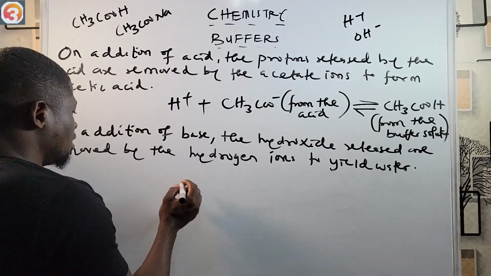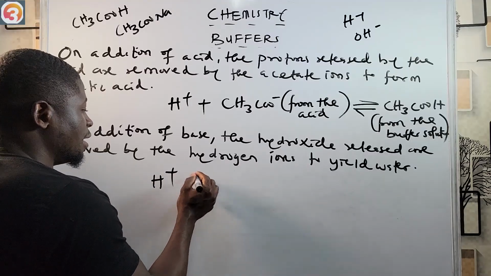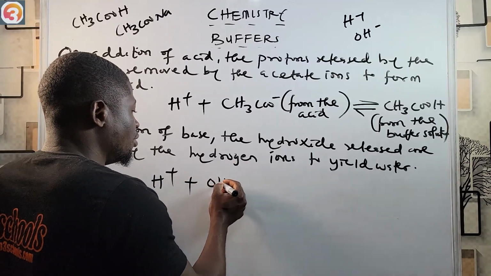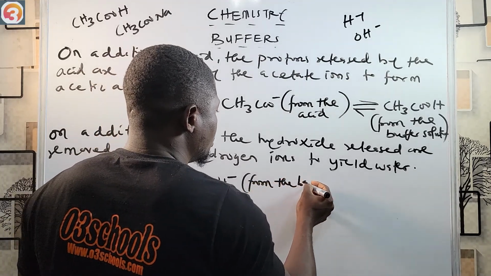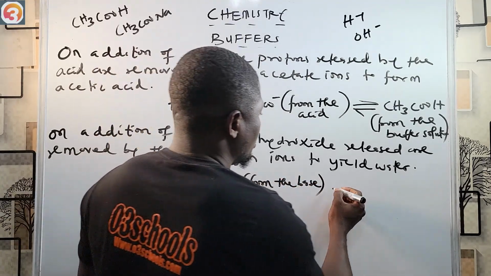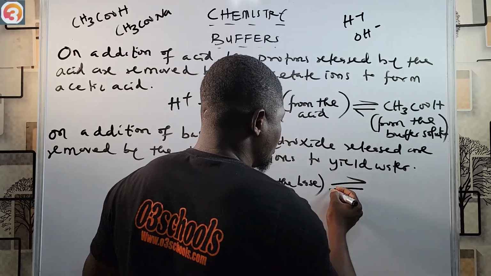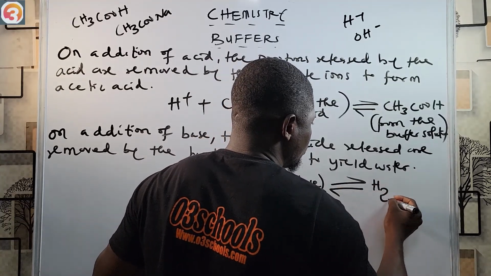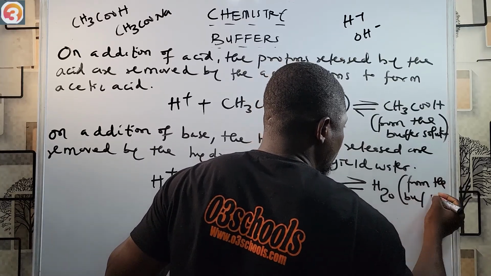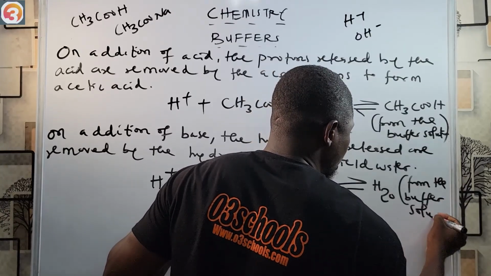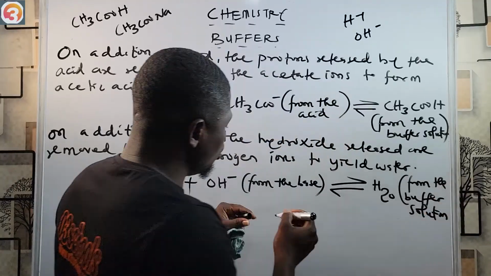So we are going to have hydrogen ion plus the hydroxide ion from the base. It's also reversible. We're going to have water, H2O, from the buffer solution.